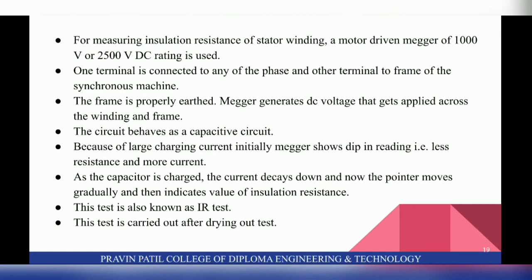The frame is properly earthed. The Megger generates DC voltage that gets applied across the winding and frame. The circuit behaves as a capacitive circuit. Because of the large charging current initially, the Megger shows a dip in reading, that is less resistance and more current. As the capacitor is charged, the current decays and the pointer moves gradually and then indicates the value of insulation resistance. This test is also known as the IR test, and it is carried out after the drying out test.